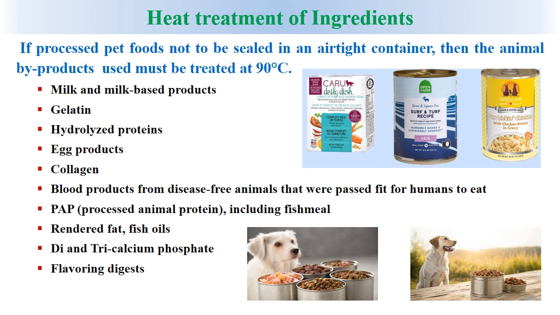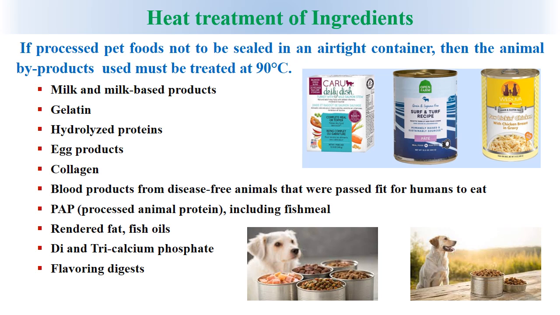Now any animal origin ingredients to be used in the pet food, if the final product is not made by airtight sealing, then all these ingredients must be heat treated at 90 degrees Celsius before use in the pet food manufacturing.